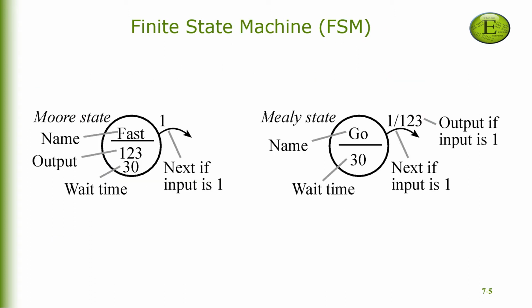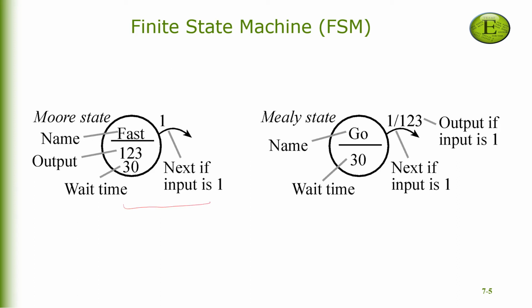The 2 most commonly used types of finite state machines are the Moore state machine and the Mealy state machine. Essentially, we are going to describe the difference between the two by noting the difference between the state and the transition.